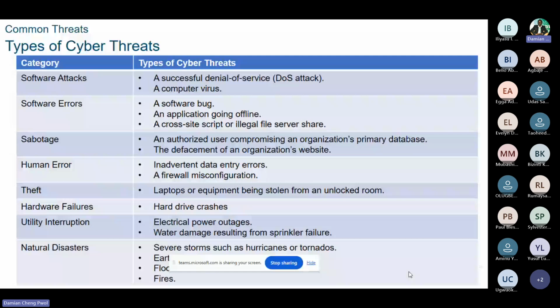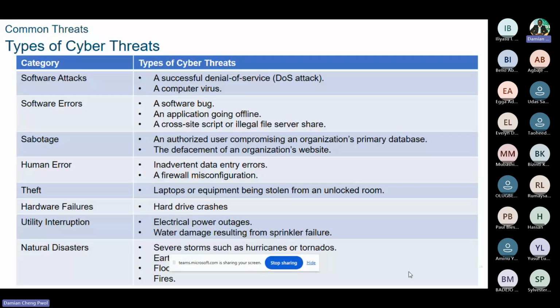If you look at the software attacks, there's what we call denial of service. Denial of service is an attack where users who want to access a server or the internet are denied access to such services on that server. Maybe the server is an email server, you want to gain access, you click, you type, and everything revolves at the same point without even displaying a page to you.